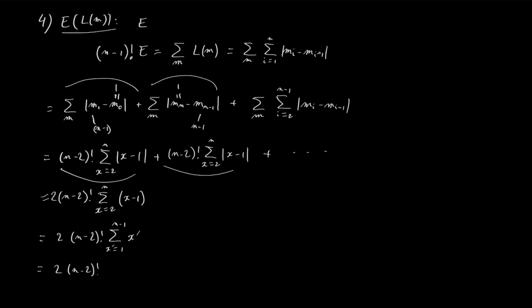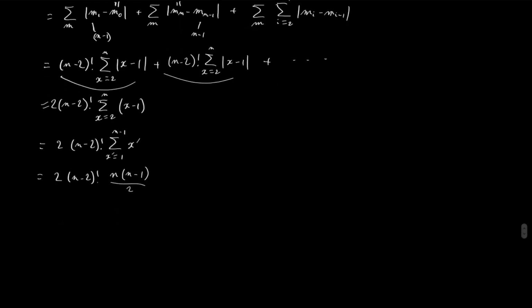As we have seen, this sum is well known and is equal to n(n-1)/2. So we can take off the 2 here, and we get (n-2)! multiplied by (n-1) multiplied by n, so we basically have n! here.